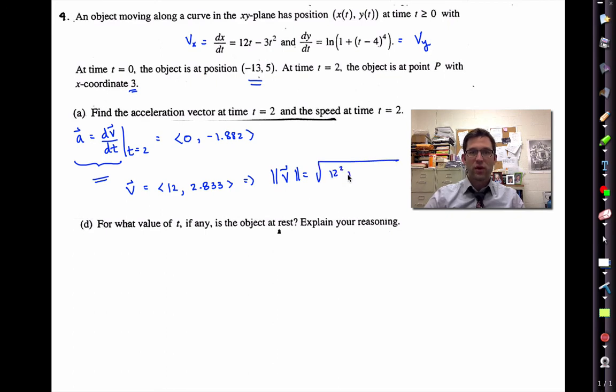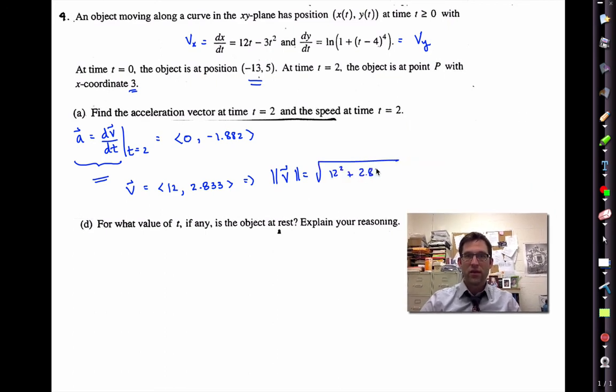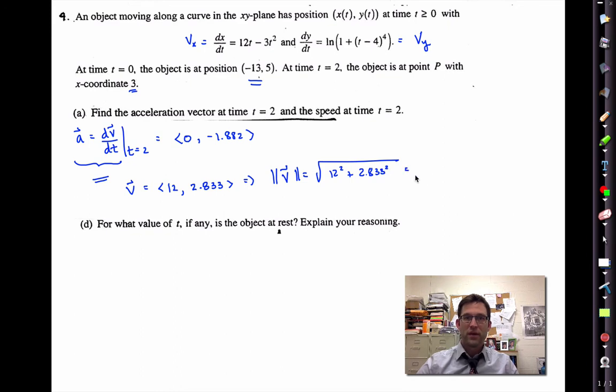So 12 squared plus 2.833 squared. But at the end of the day, that's just arithmetic, and that ends up being 12.330. So it appears like that's something we should be good at before taking the AP exam. My students have plenty of time.